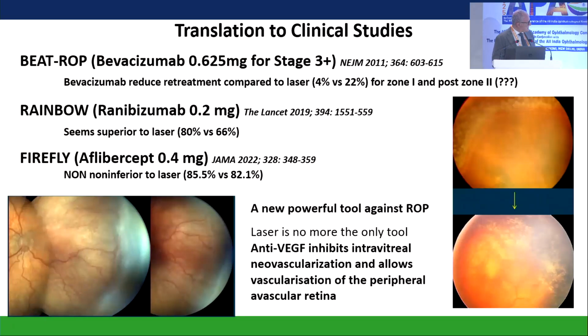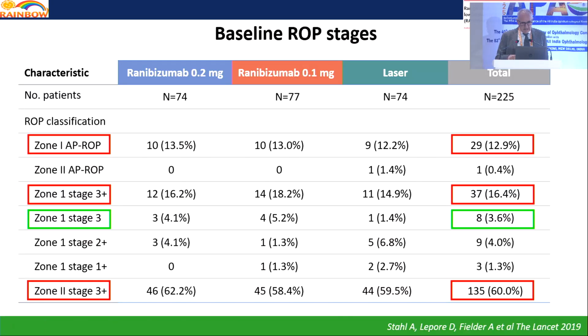And the second one is FIREFLY. We didn't reach the non-inferiority criteria toward the laser, but the difference is very small. And we are looking for the 5-year data that will come next year. And we can assume that we have a very powerful tool now to treat ROP.